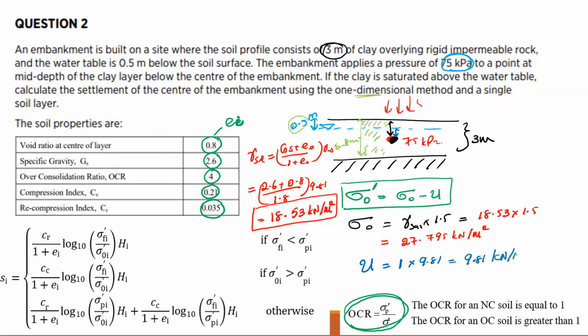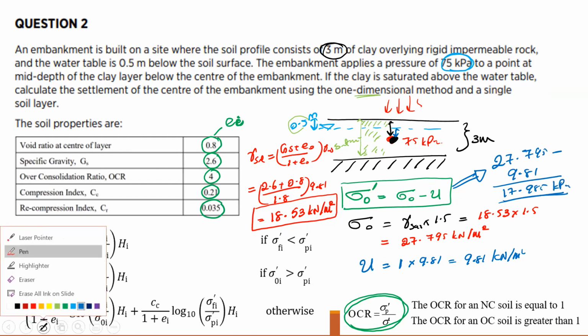So we can find this value, which is equal to 27.795 minus 9.81. So we get the initial effective value as 17.985 kilopascals. Okay, now we are done with that.